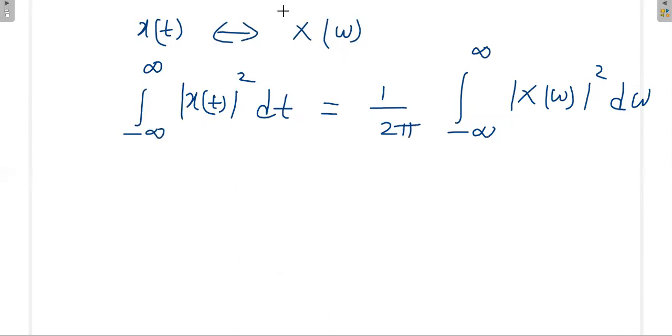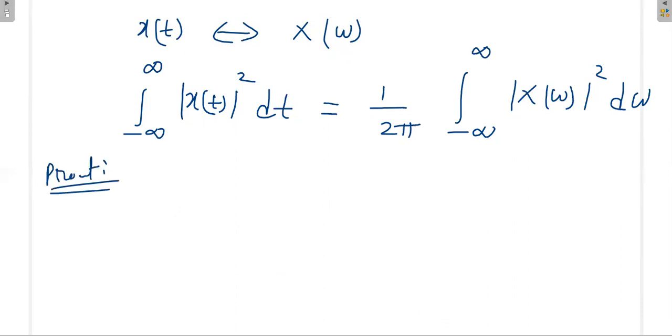Once you know x of t, you can calculate the energy with the help of this formula. Similarly, once you know X of omega, you can calculate the energy in the given signal. Finally, we can prove that both are the same. So now we'll prove this formula.